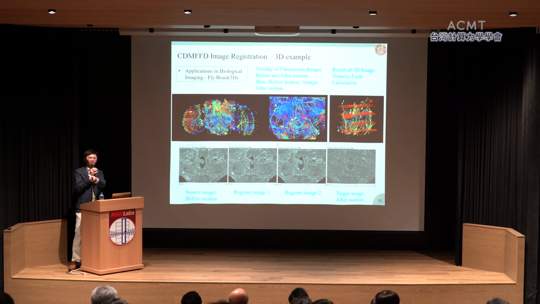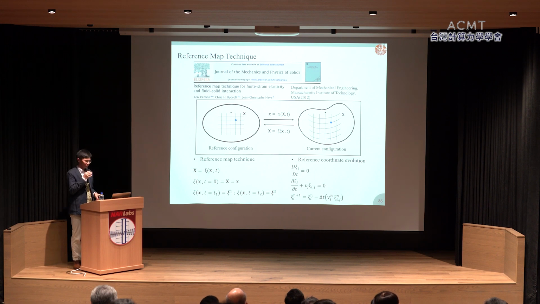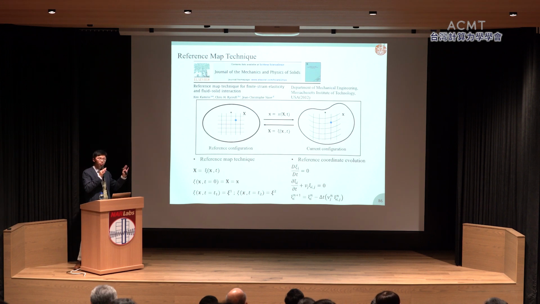But as mechanicians, you can get numbers from the image through what we call the reference map technique. Basically, we describe the mechanics theory in the Eulerian framework instead of Lagrangian, because if we describe the solid material constitutive law or equivalent equation in the Eulerian framework, there's no gap between the surrounding fluid and the solid materials.